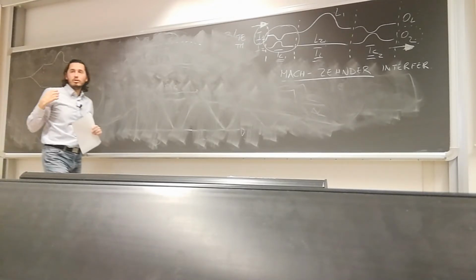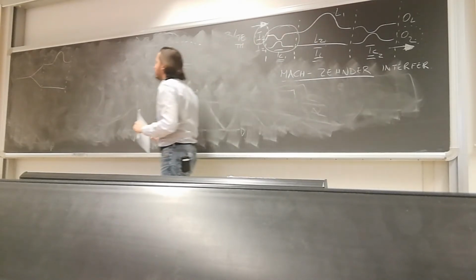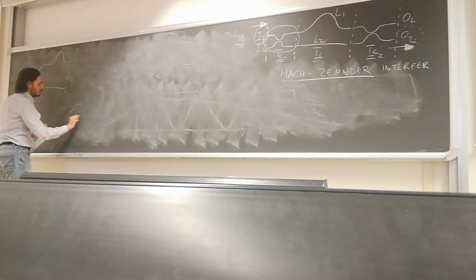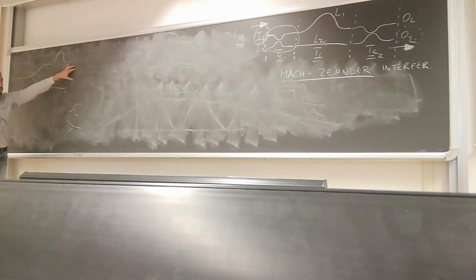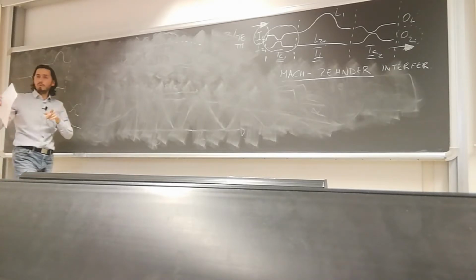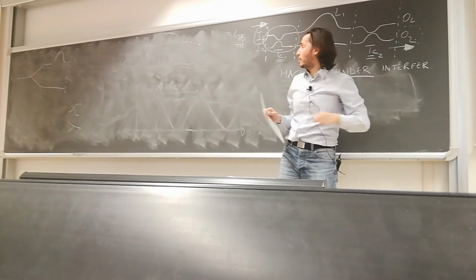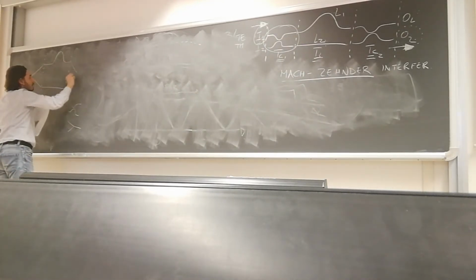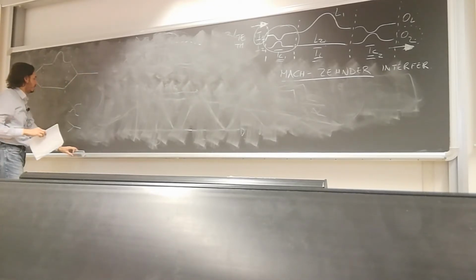Then what shall I put at the output? It depends. Here I can use both this or this. So in practice I can use as a combiner a directional coupler if I need to collect the power from both outputs, but I can also do something like this.